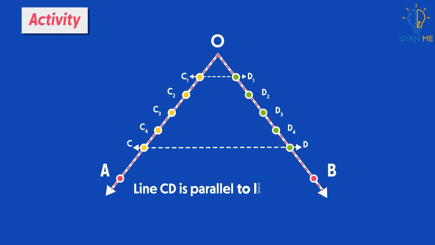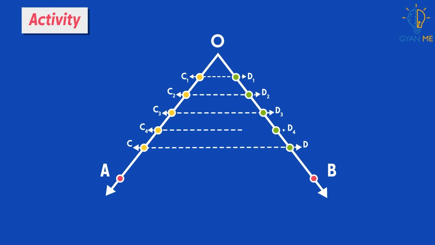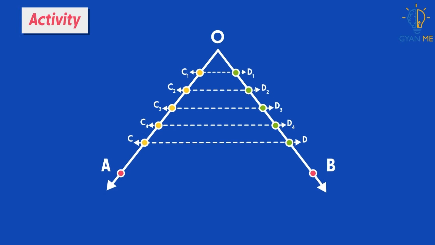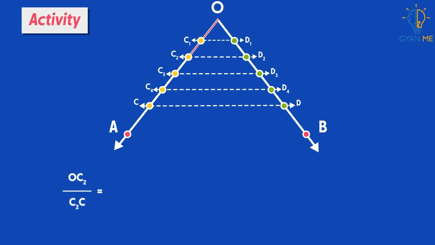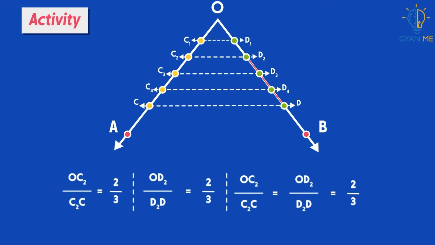We can also find the same relationship for all other points on both the arms. Accordingly, if you join C2D2, C3D3, C4D4, we can see that the ratio of OC2 to C2C is equal to the ratio of OD2 to D2D, which is equal to 2/3.